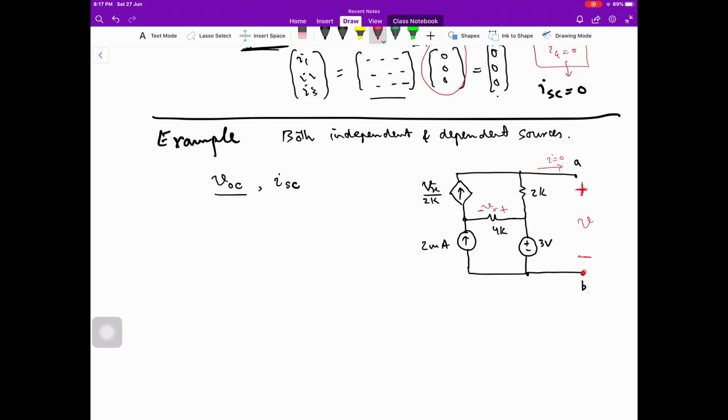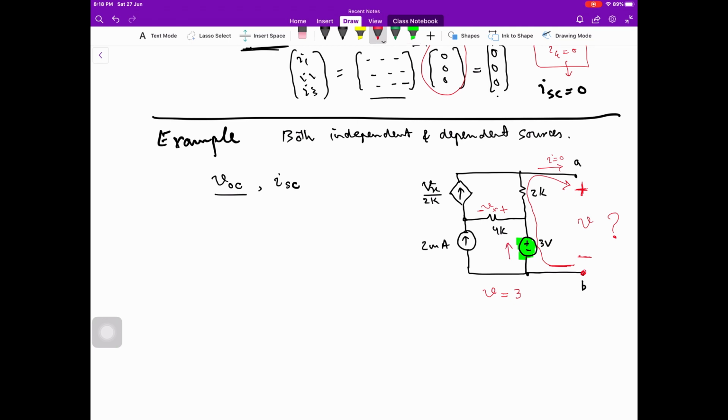Because this side is open, we follow this path and we reach over here. So I will write the voltage is equal to the voltage rise from B to A in the direction shown. This is equal to 3 volt here. This is the voltage rise in this direction.